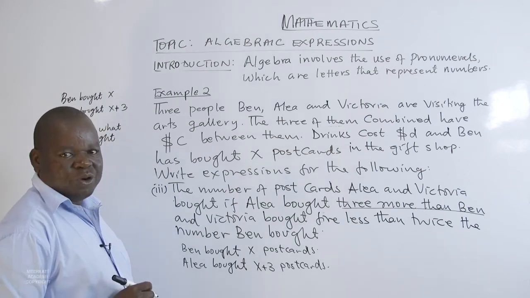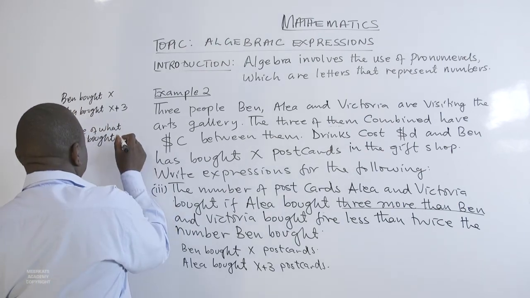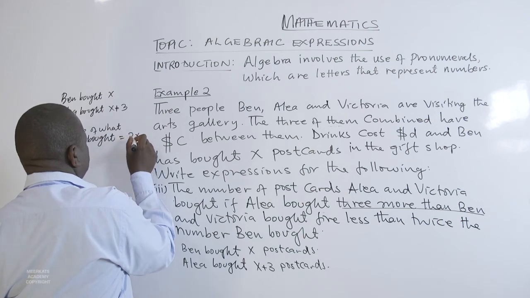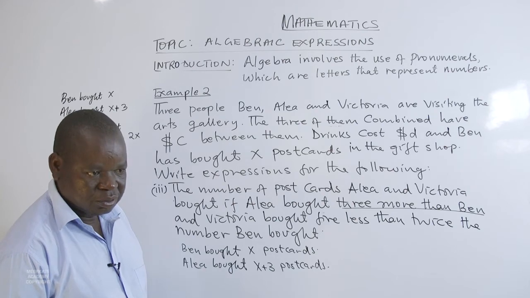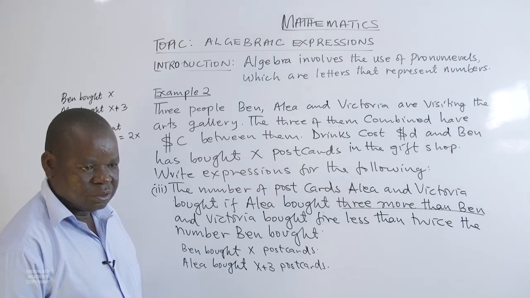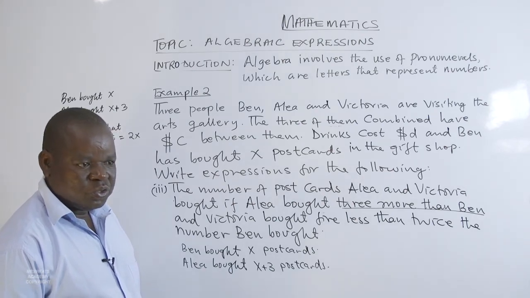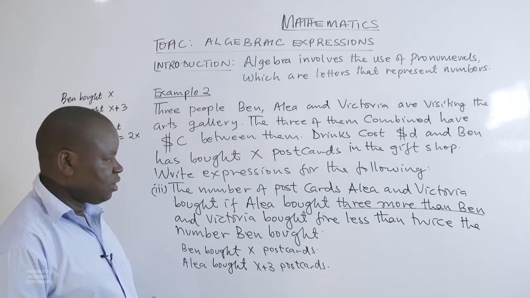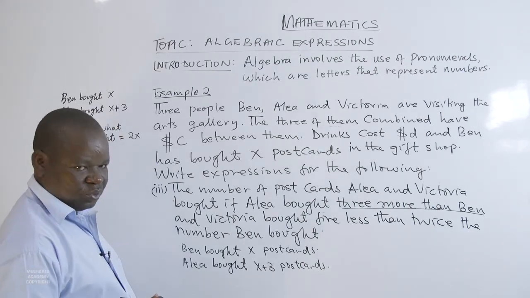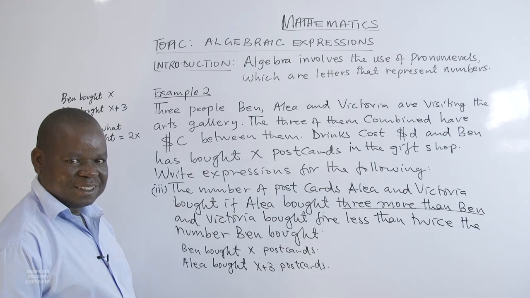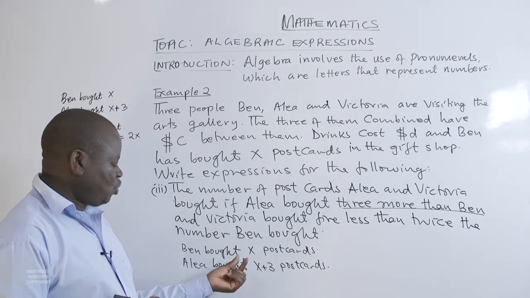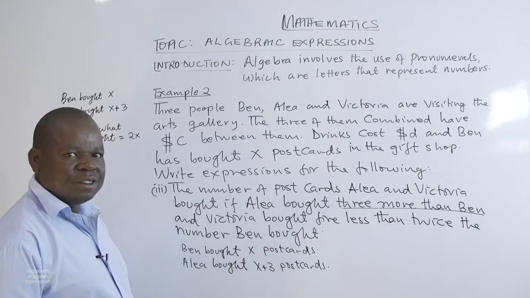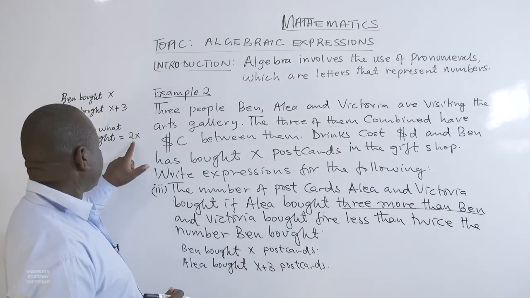Twice of what Ben bought equals 2x. Are we together, class? Because originally Ben bought x, but twice that will be 2x.